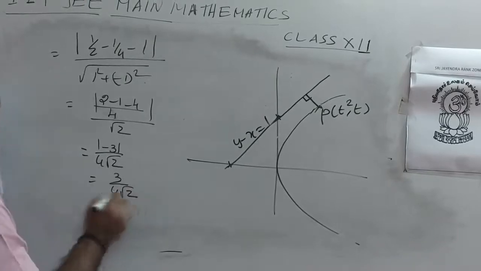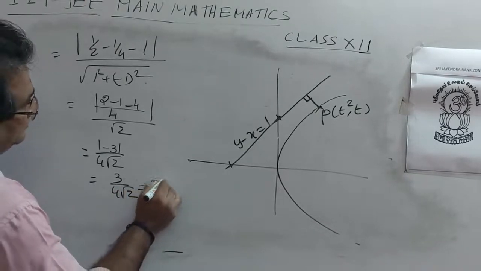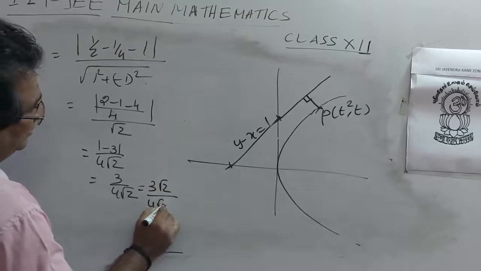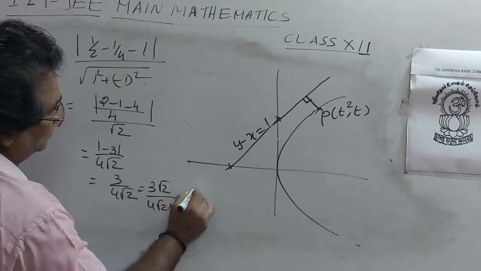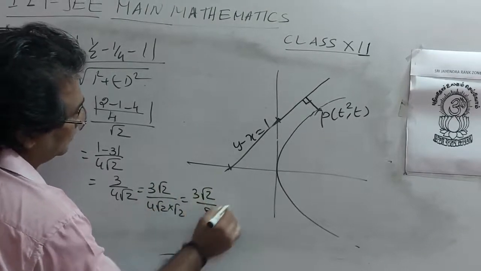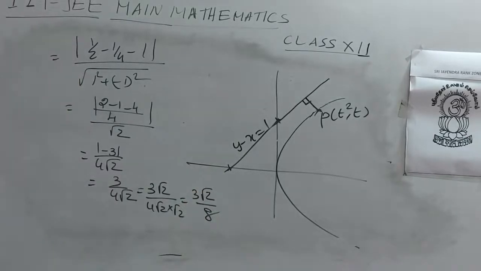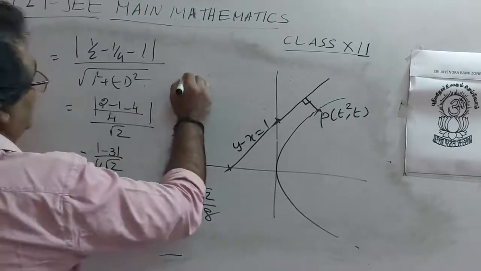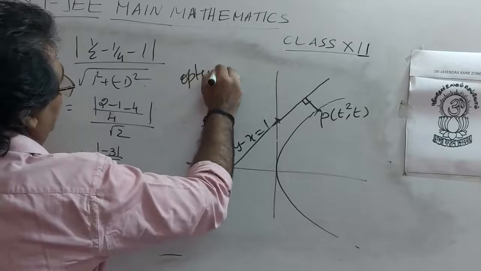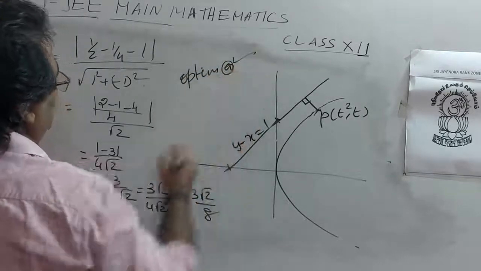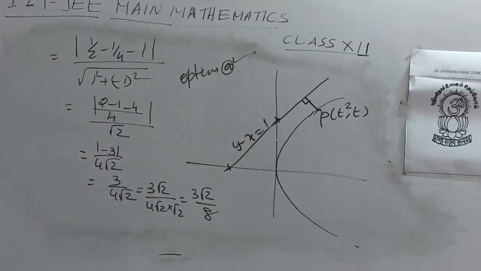So 3 by 4 root 2, multiplying by root 2 by root 2, gives 3 root 2 by 8. So option A is correct.